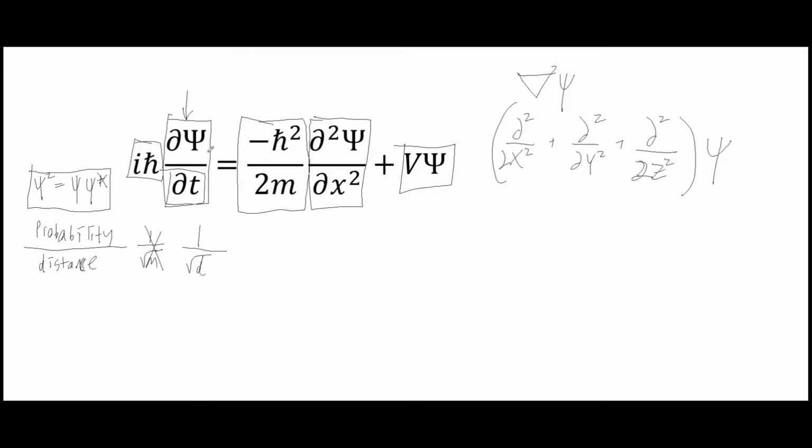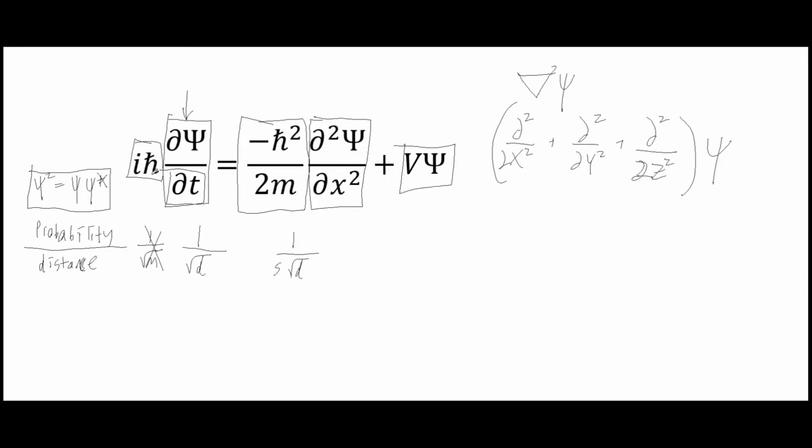And then if we take the derivative of this with respect to time, we end up with units of 1 over seconds times distance, like this. And so, like I said, this is just telling us the change in this probability amplitude with respect to time at a given location.